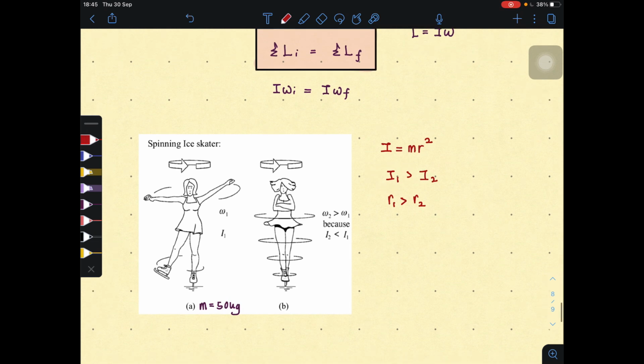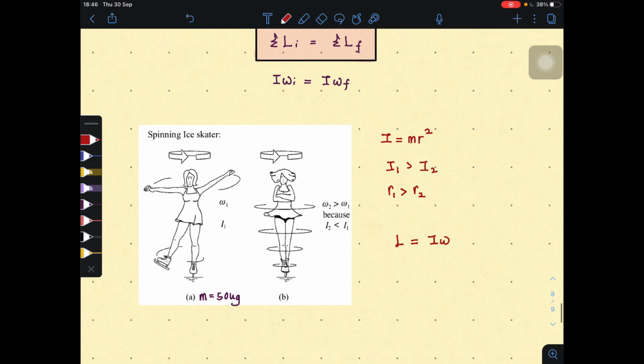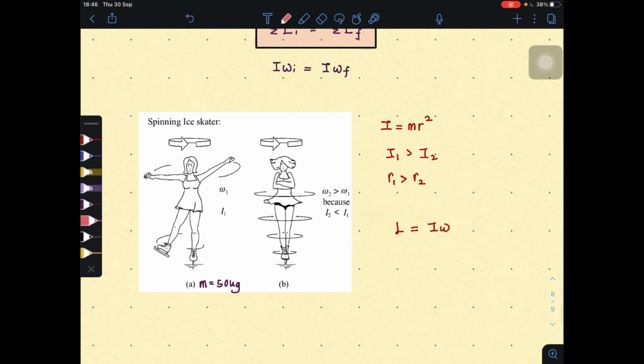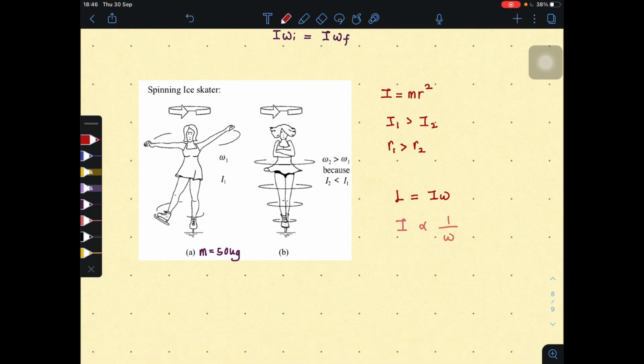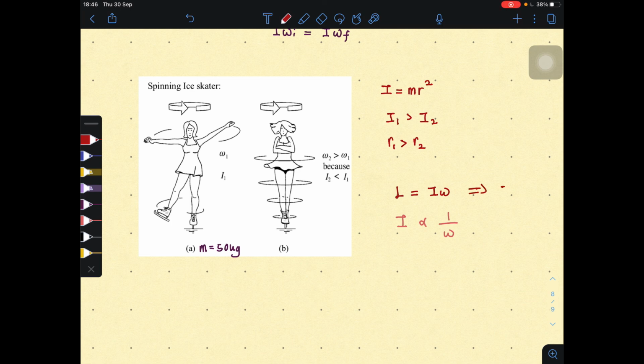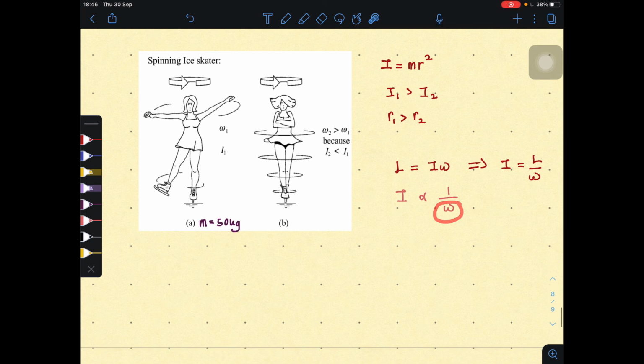Okay, so angular momentum equals I omega. From here you can see that I is inversely proportional to omega. I equals L divided by omega, so I is inversely proportional to omega, meaning that if I increases, omega will decrease.